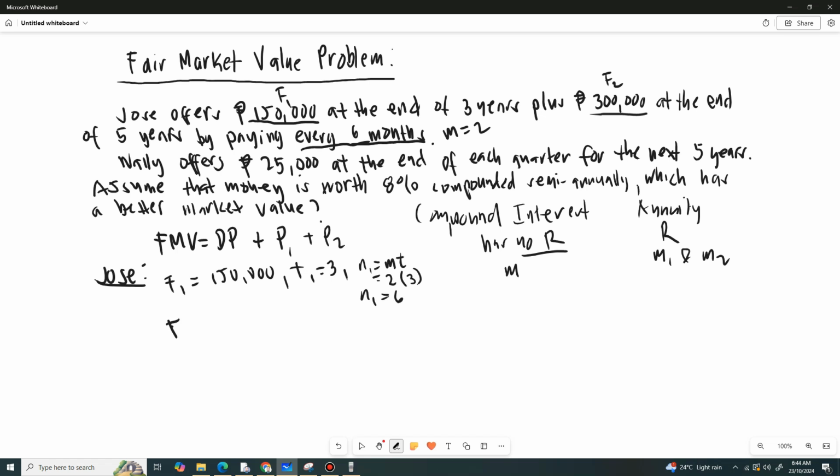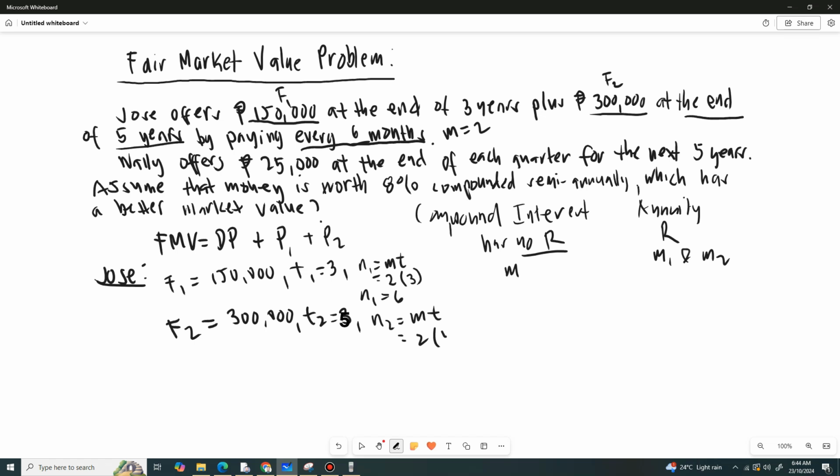Doon naman sa 300,000, which is our F sub 2, 300,000. So the time here, let this be time 2, T2, and then we have N2 is equals to M times T. So the M here is still every 6 months too, and the time is, as we read here, 5 years.